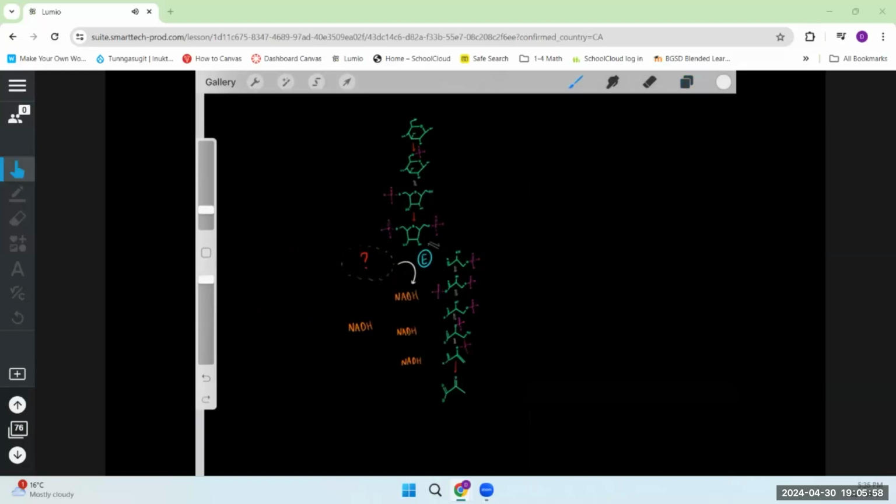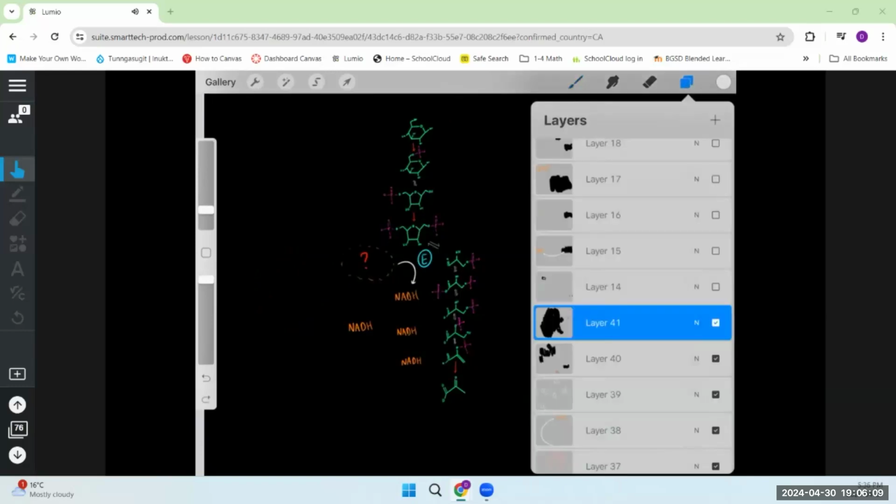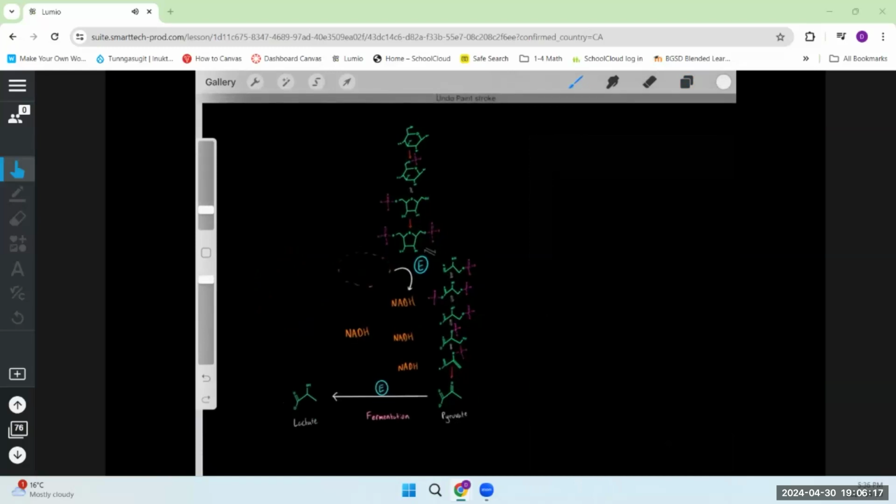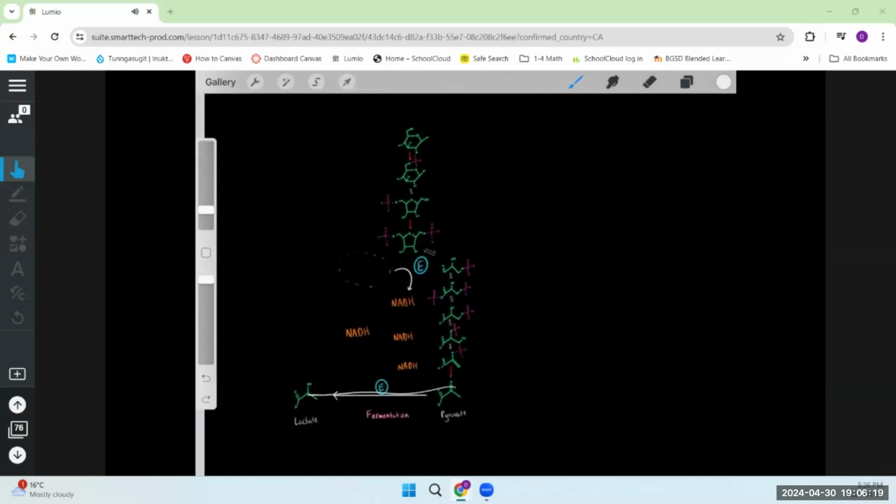Because we know if we want to keep on doing glycolysis to produce ATP, we need to reform NAD+, so we can do this step, so we can do glycolysis. So how are we going to create NAD+? Well, we're going to do fermentation. The way human cells do fermentation is we take pyruvate and we convert it into lactate. So why go through fermentation, taking these pyruvates and converting them into lactate?